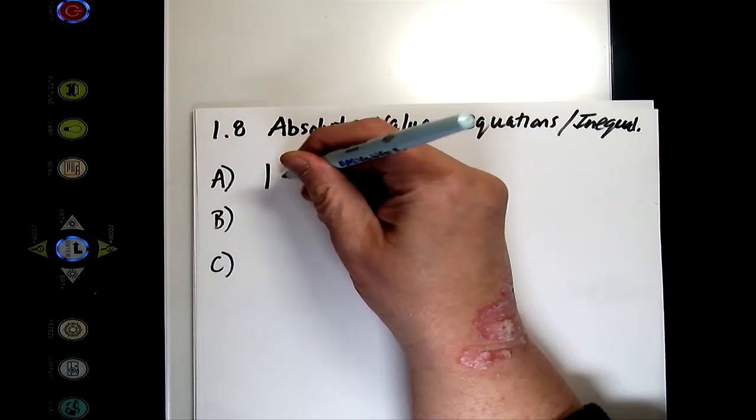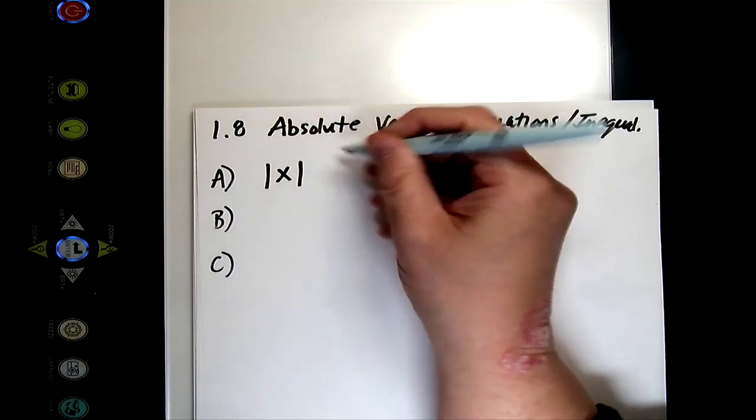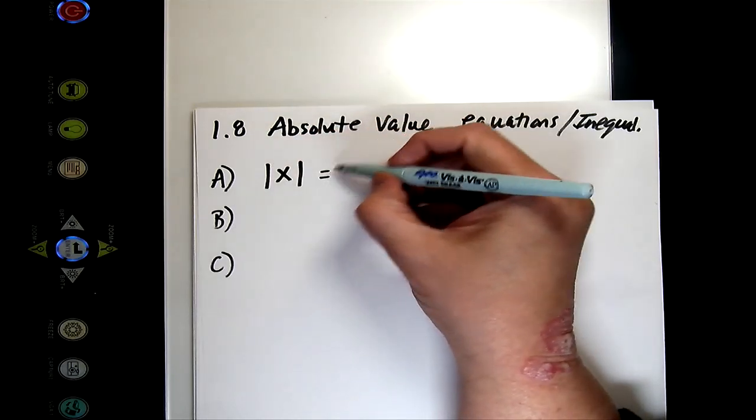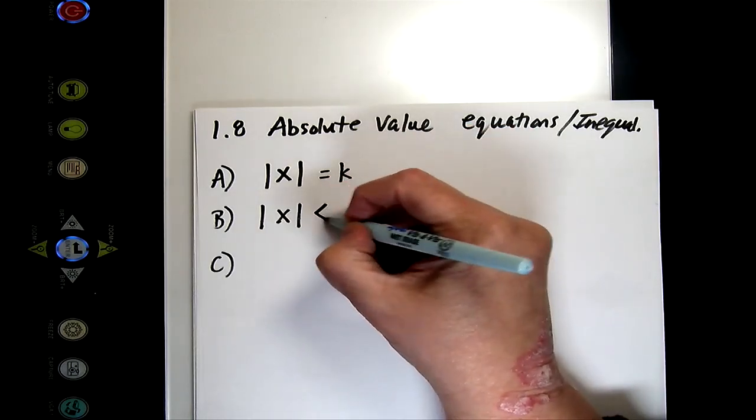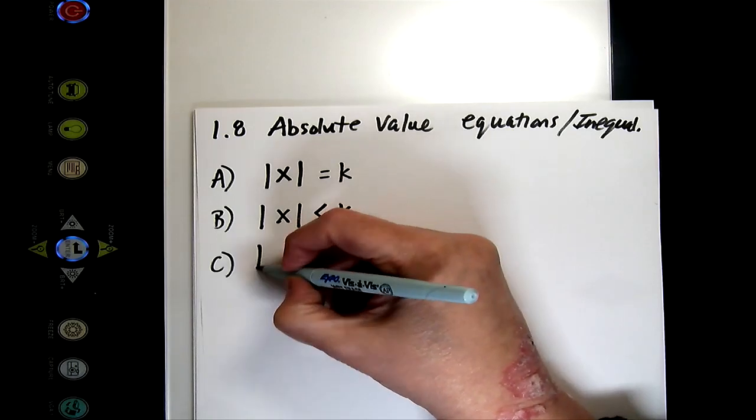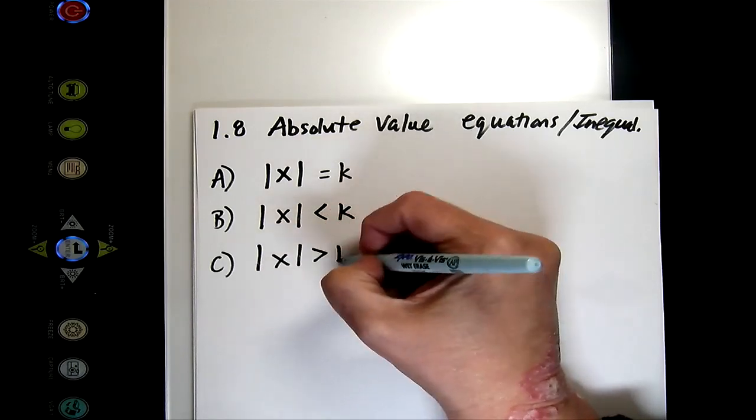When we finally get down to it, the absolute value of x equals k, the absolute value of x is less than k, and the absolute value of x is greater than k.